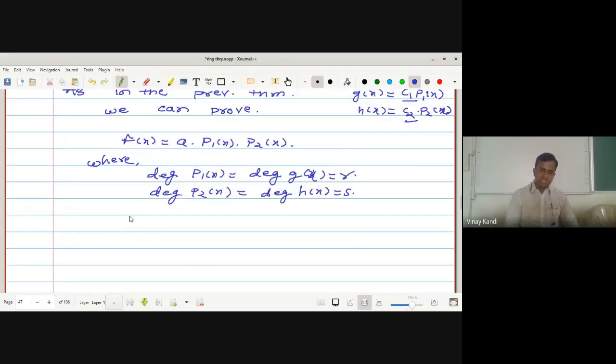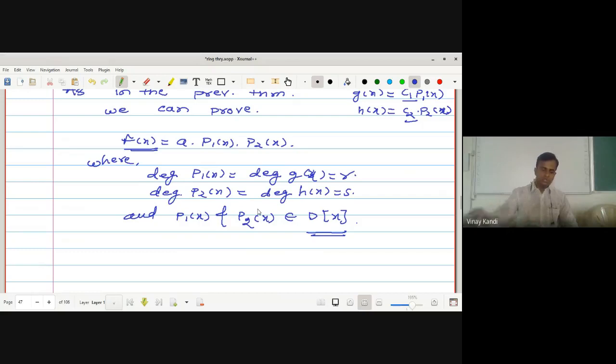Okay, आणि हा p1 आणि p2 कशात असतील तुमचे मेंबर्स, p1 of x and p2 of x are the elements of capital D of x. Okay, so hence we prove that if f of x has the factorization in capital F of x, then it implies f of x also has a factorization in D of x.